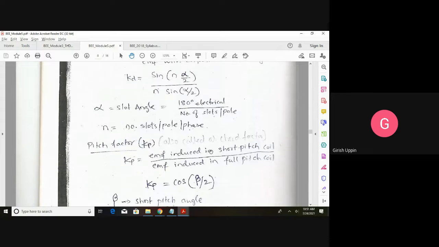So the maximum value for the KD and KP is 1; their value ranges from 0 to 1.